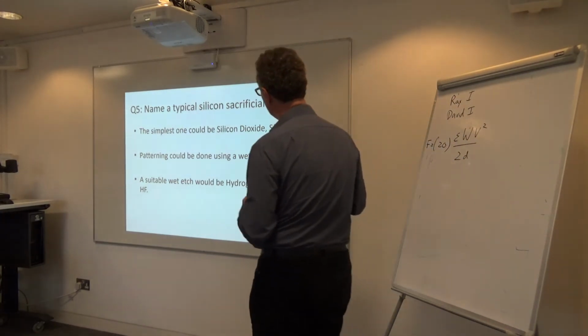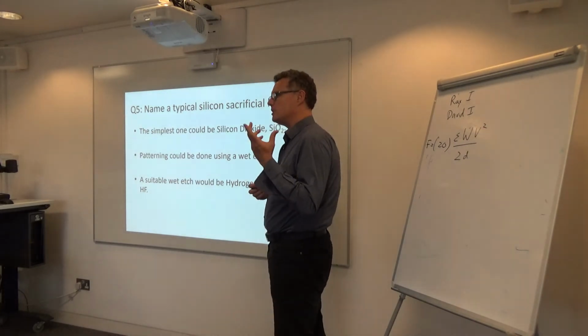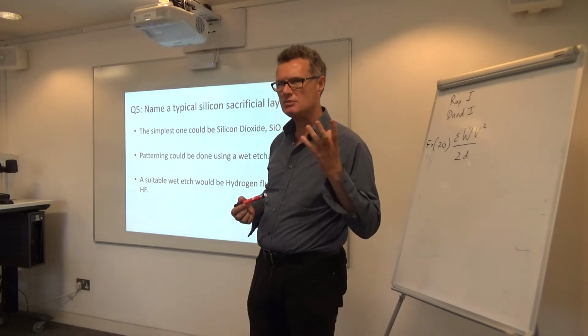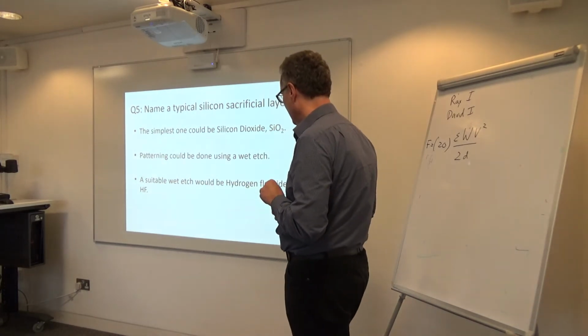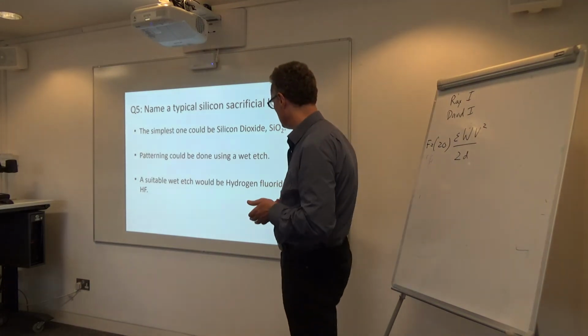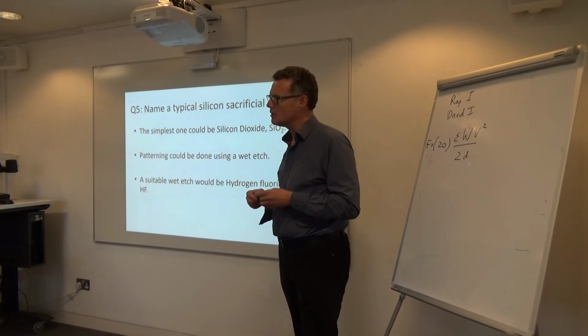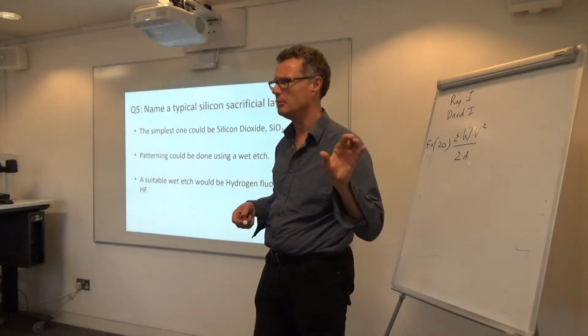So sacrificial layer, I think for an exam we would need to know the concept, and that's what we'd be looking for in the exam. And here I've said that it's suitable for a wet etch would be the hydrogen fluoride, or HF, in an exam scenario.